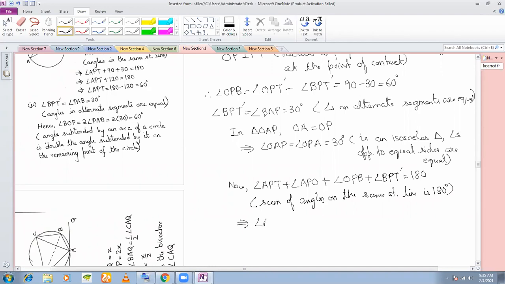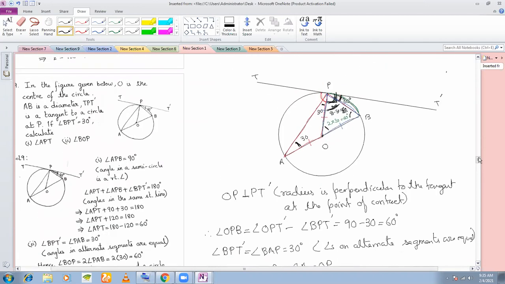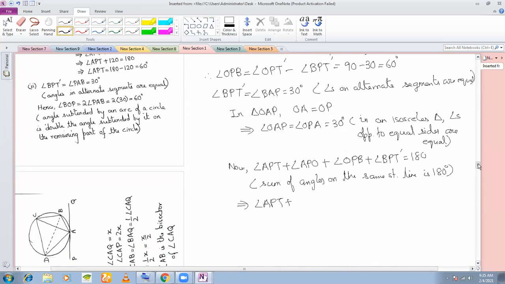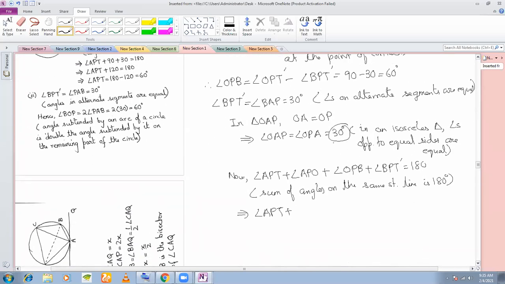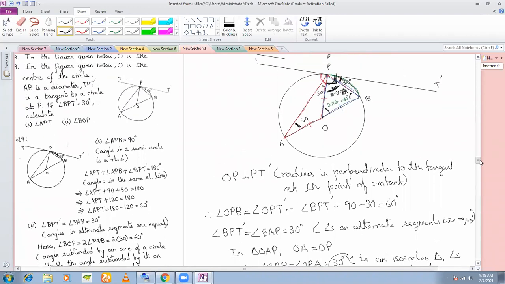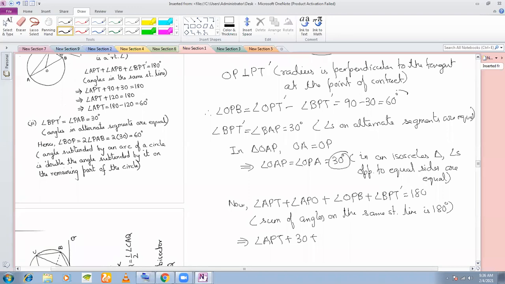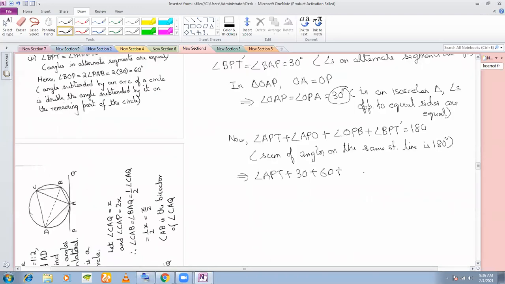Now angle APT is the unknown angle. Angle APO we have just found out to be 30 degrees. Yes, angle APO we found out to be 30 degrees here. Plus angle OPB is 60, which we have found out here, plus BPT dashed.